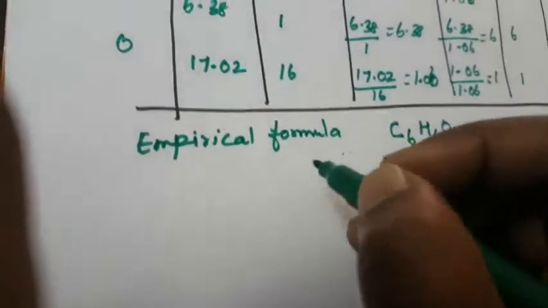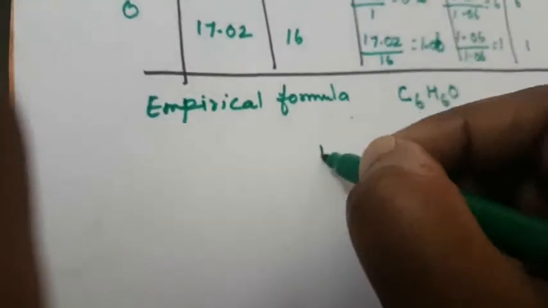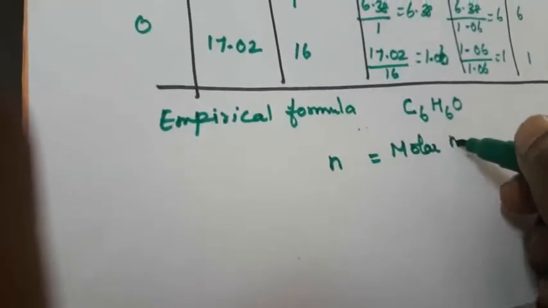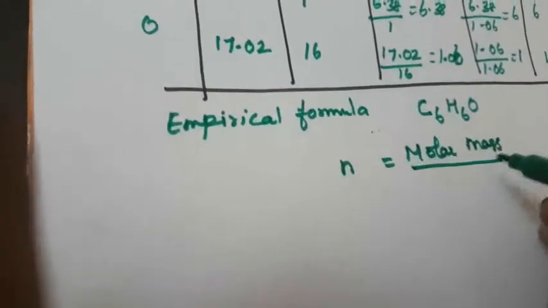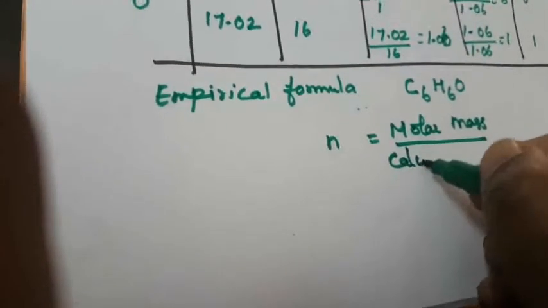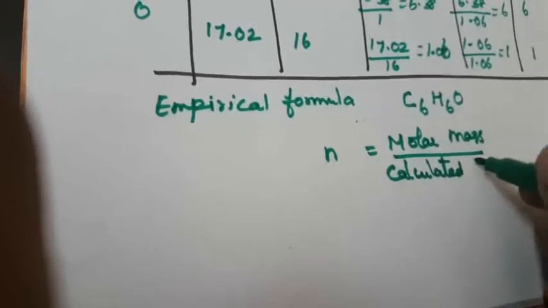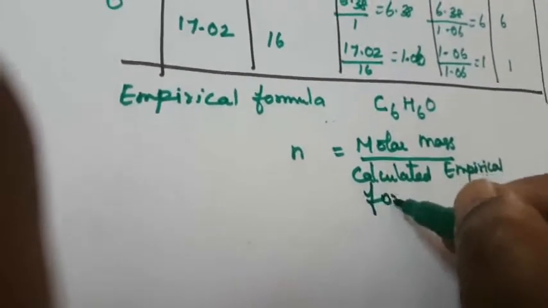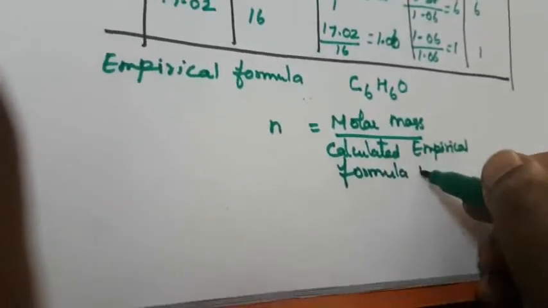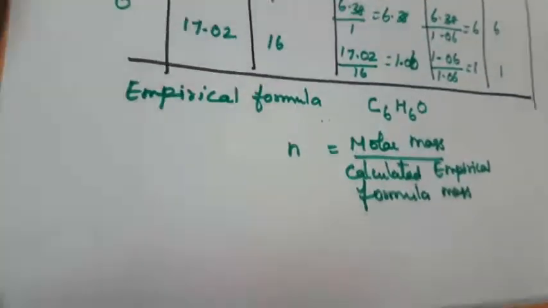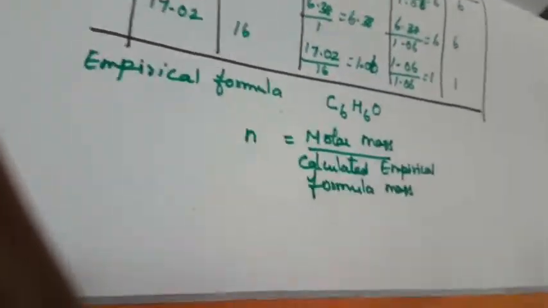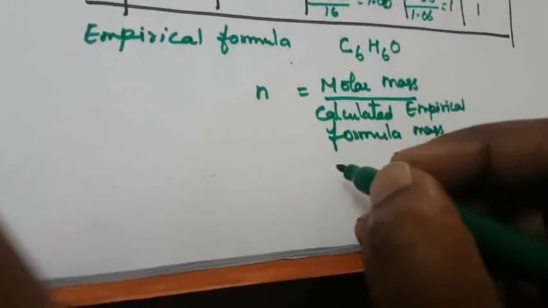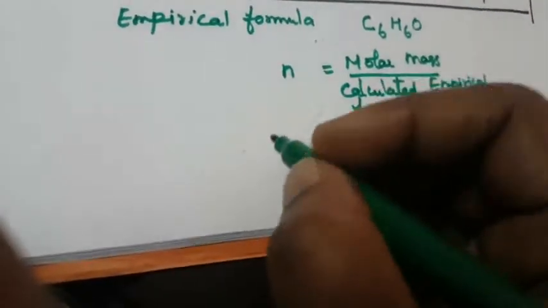Okay, so next we are going to see what is n. What is n? Formula. Every step, every problem you write that formula, right? n is molar mass by calculated empirical formula mass. So how to calculate the calculated empirical formula mass?